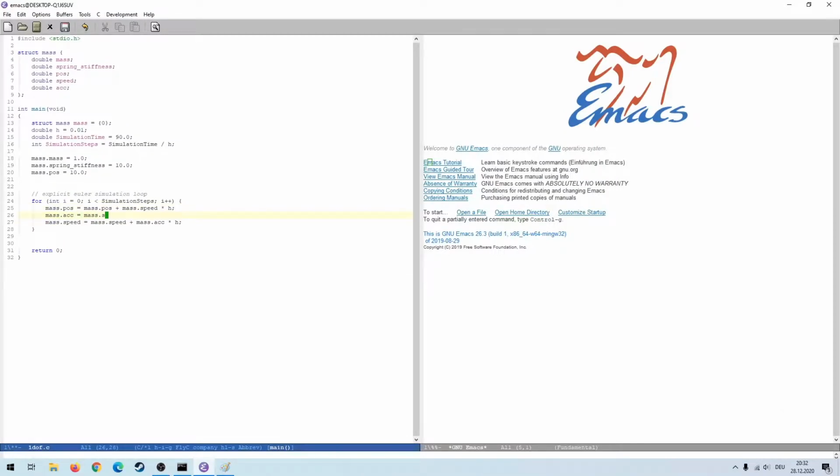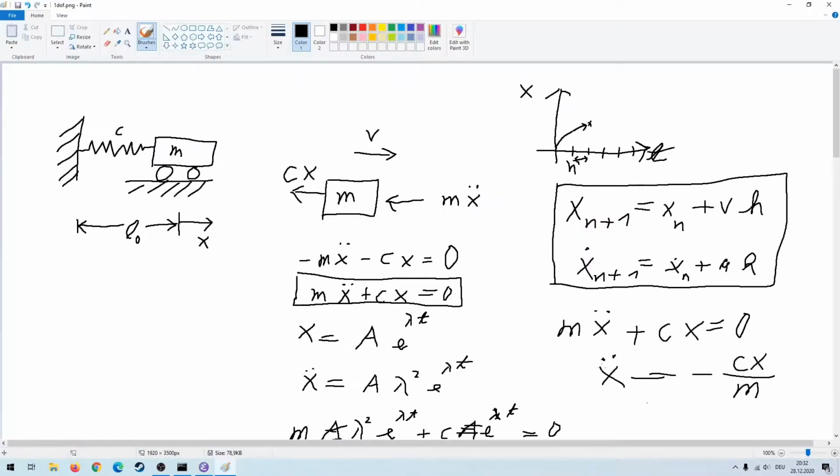We have the spring stiffness and the position divided by the mass. There we go. And of course it's minus. So what are we computing now?